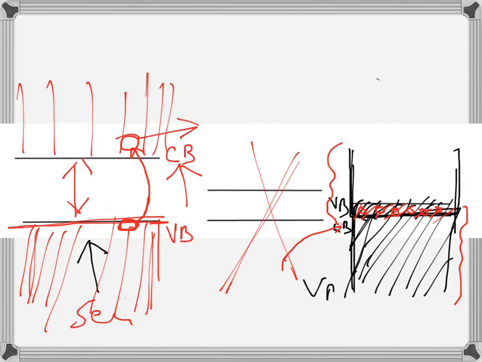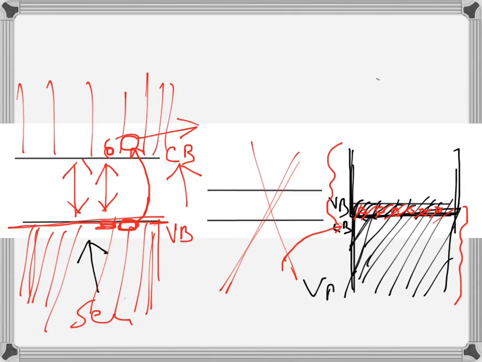No electron can be here, so from this energy level an electron has to go directly to that one. In a conductor there is no gap as such, but in a semiconductor there is a small gap.